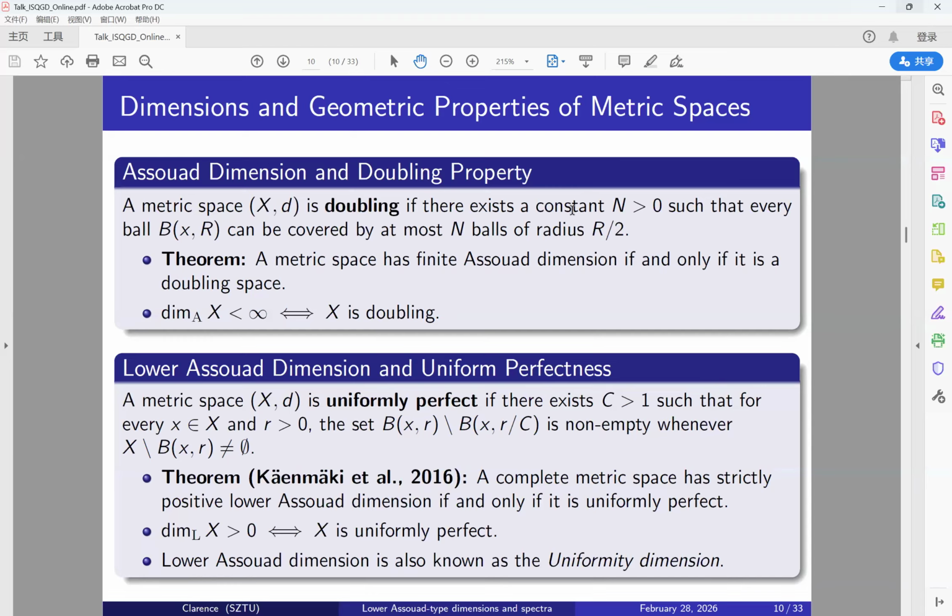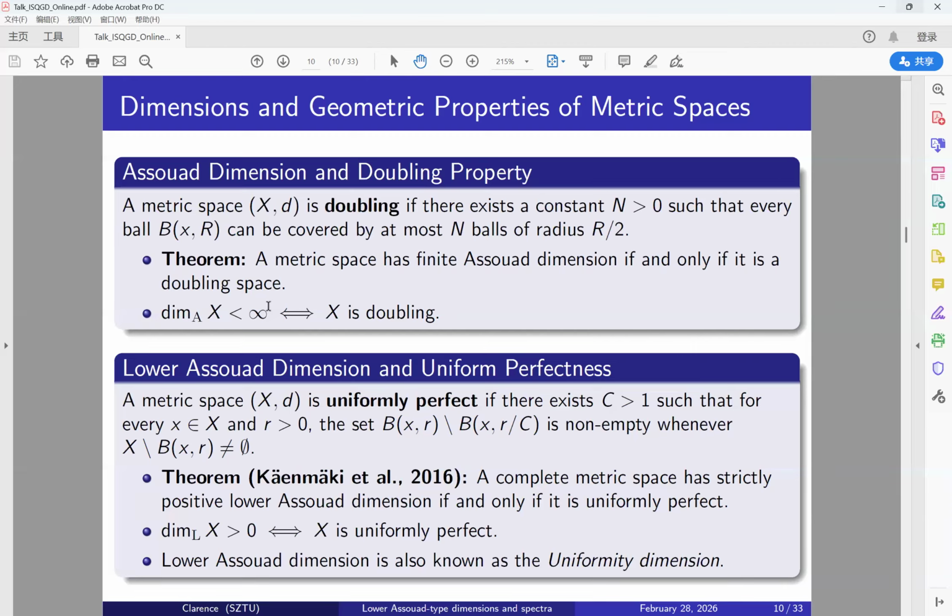That is, for any ball, the number of balls of radius r/2 needed to cover it is bounded. The Assouad dimension is a way to describe whether a set or a metric space is doubling. It says a metric space has finite Assouad dimension if and only if it is a doubling metric space.